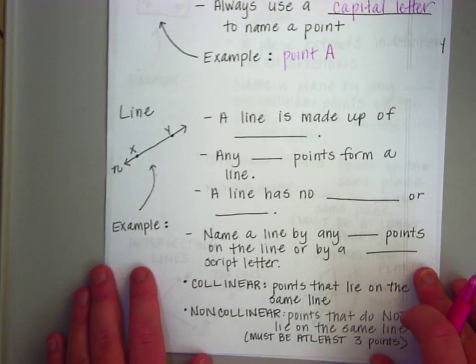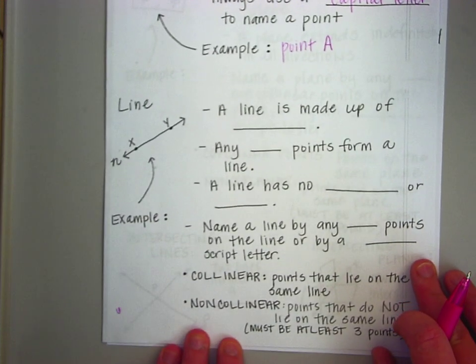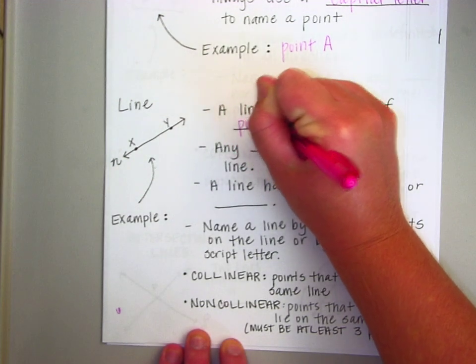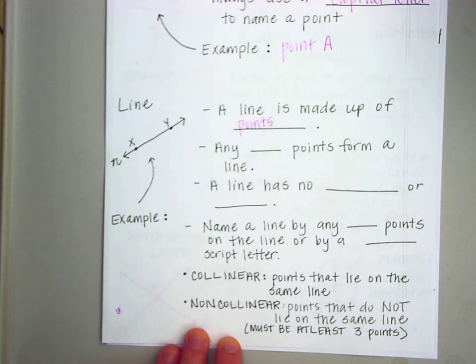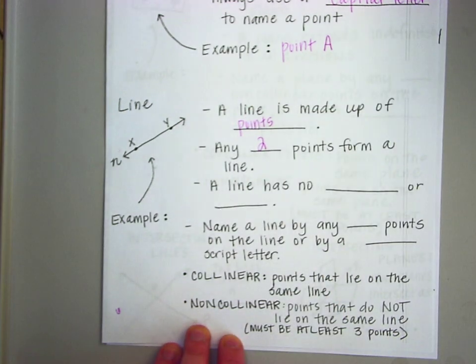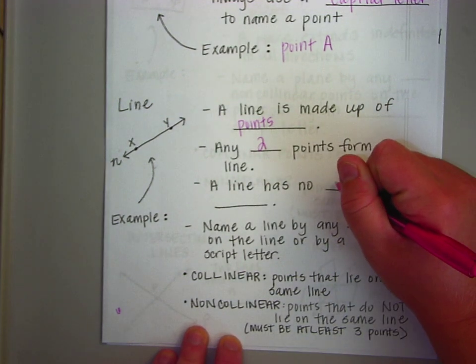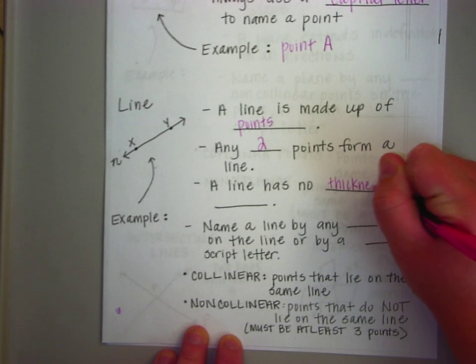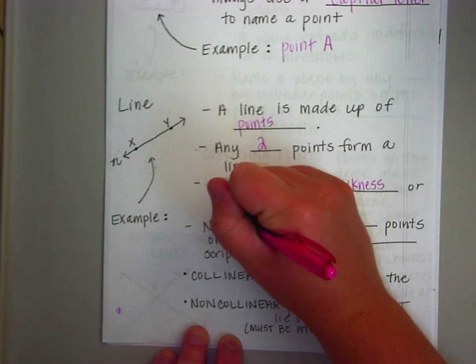Now we have a line. A line is made up of many points. Any 2 points on that line form a line. A line has no thickness or width.